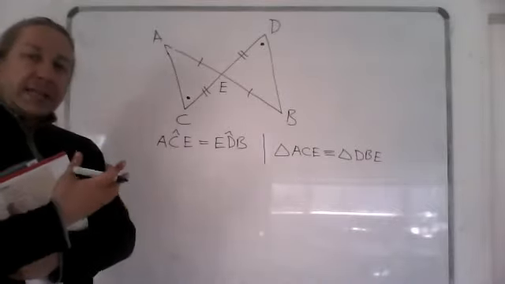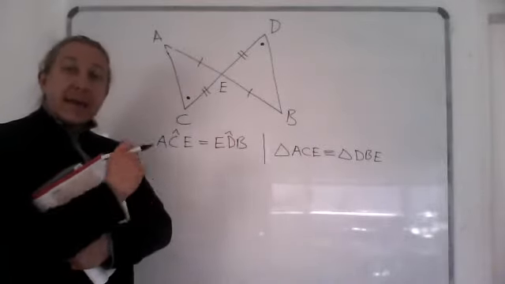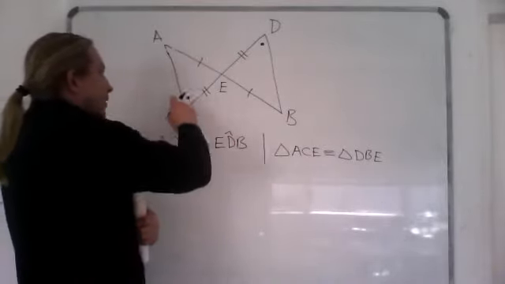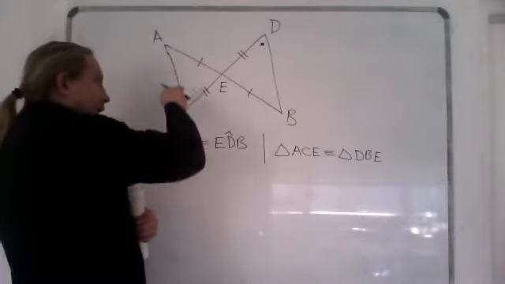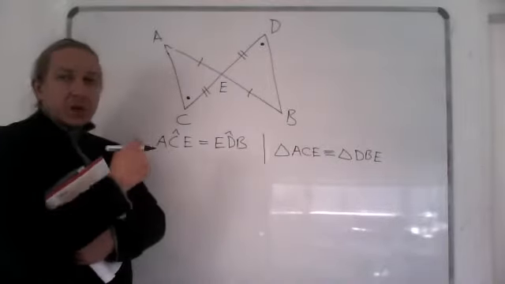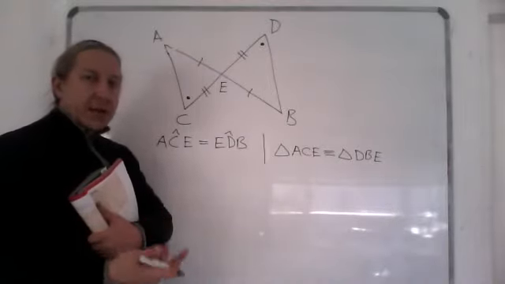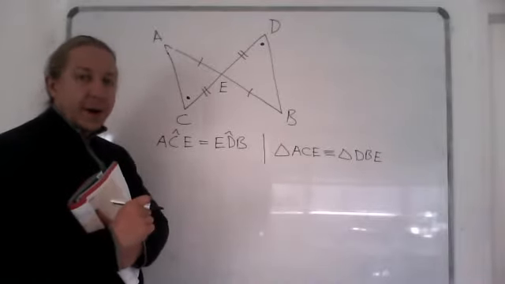Now, can we state that these two lines are parallel? Yes, because this gives us our alternate angles. Remember, if the lines are parallel, this angle will be the same as that angle. So now we're just looking at it backwards. If the angles are the same, that means the lines are parallel.